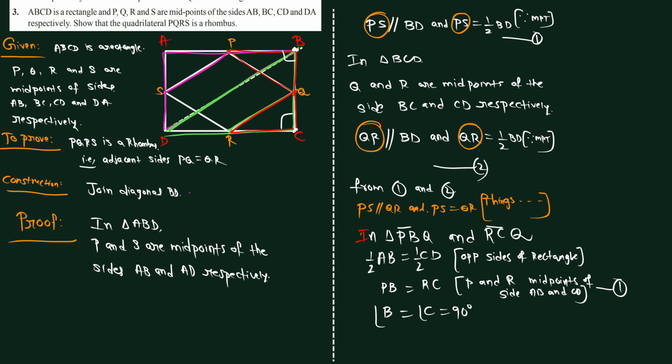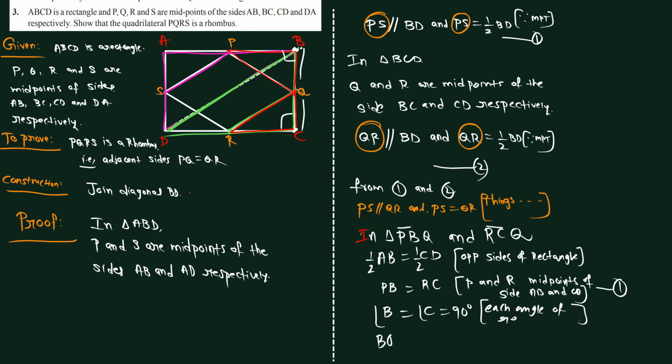And now you see BQ equal to QC. Can I say BQ equal to QC? Q is the midpoint of the side BC. You write the reason here also. In a rectangle, each angle is equal to 90 degrees. Each angle of a rectangle is equal to 90 degrees.